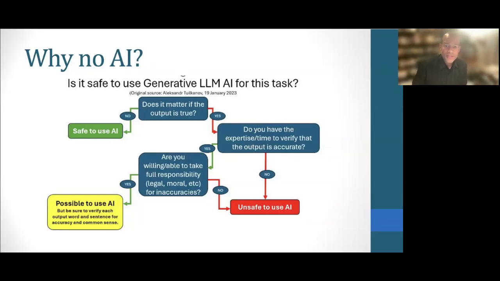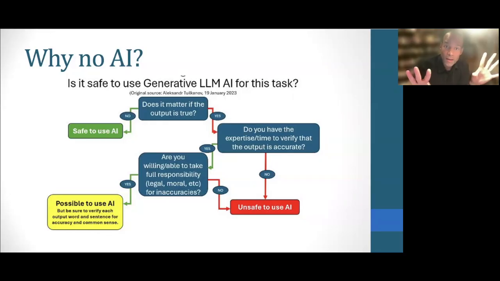The first question that you have to ask is the one here at the center of the screen. Does it matter if the output is true? When we're giving an informative speech, we're supposed to be teaching people about something. And that thing better be true, because there are ethical implications of telling people lies, telling them misinformation.